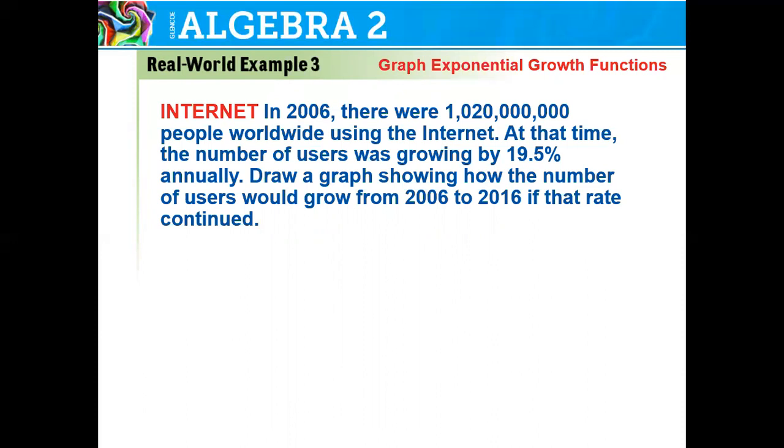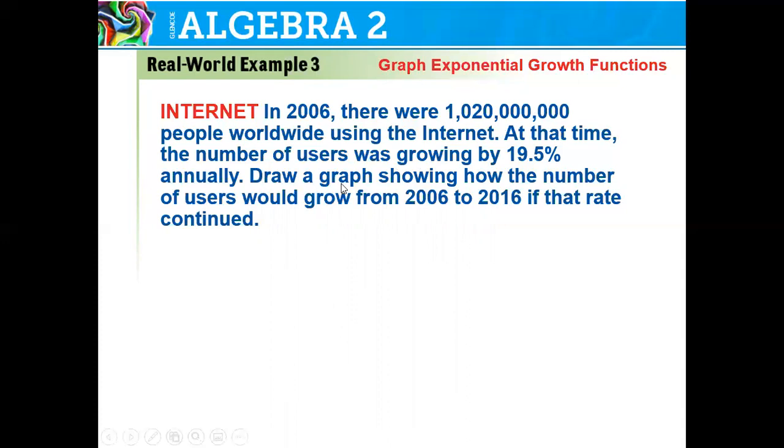At that time, the number of users was growing by 19.5% annually. From the word growing, you can know that the initial amount of people is increasing over time, and since it's increasing, I will model an exponential growth function.